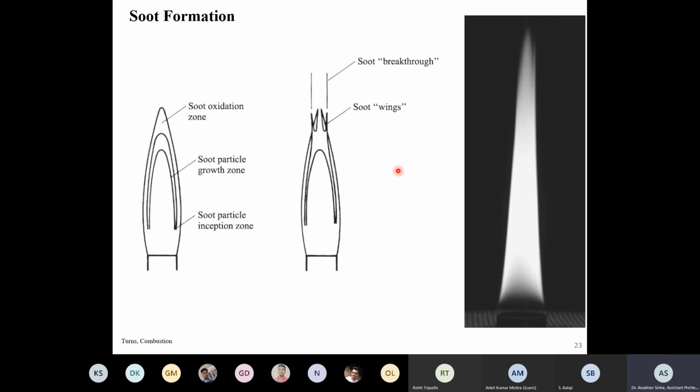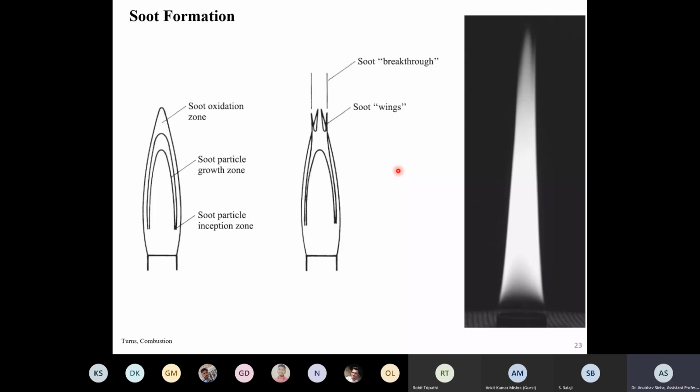A kerosene lamp has glass surrounding it. When you use that, the glass becomes black. That black particle is called soot.